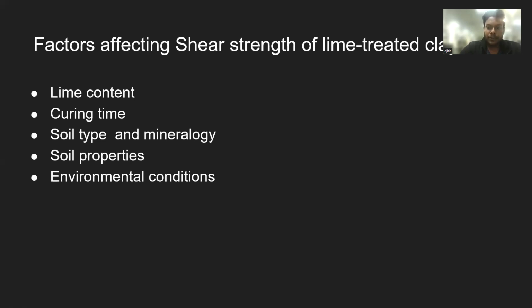The type of soil and its mineralogy also matters, as different clay minerals can react differently with lime. Initial soil properties including moisture content, density, plasticity, and compaction influence how well lime treatment works. Finally, environmental conditions like temperature, moisture, and pH affect the rate and extent of lime-soil reactions. Moving on to the next slide.